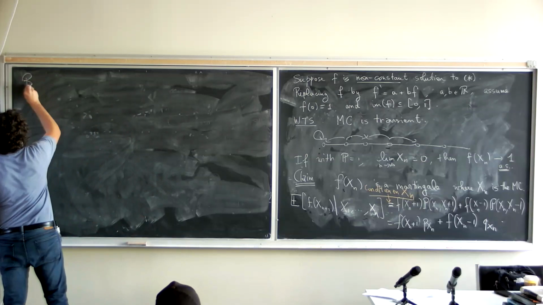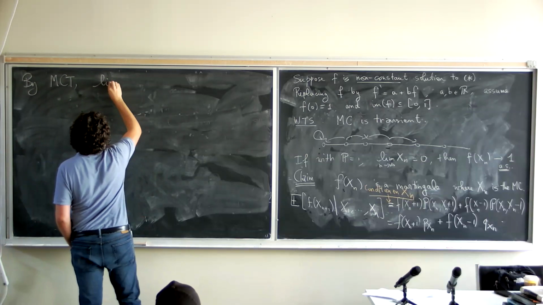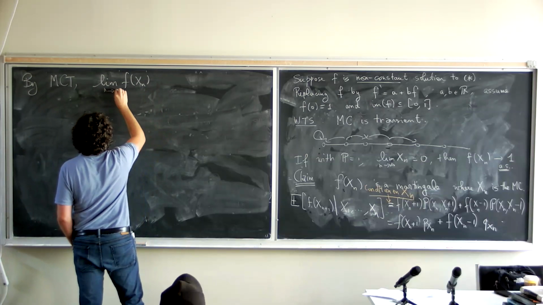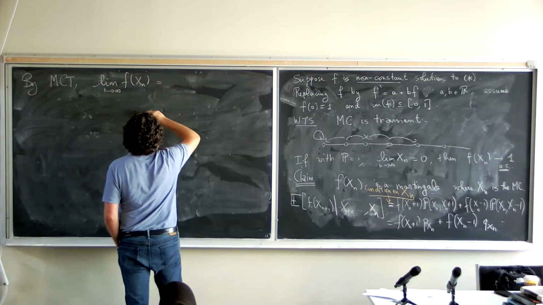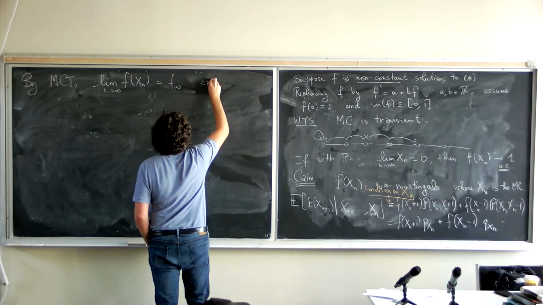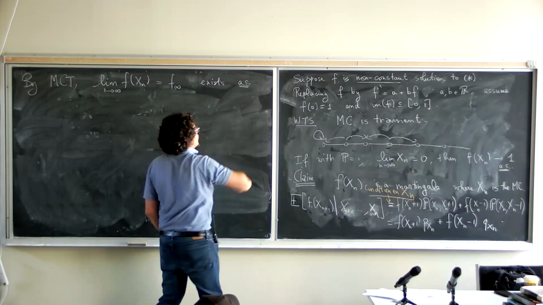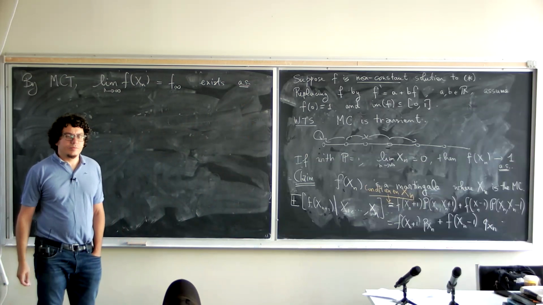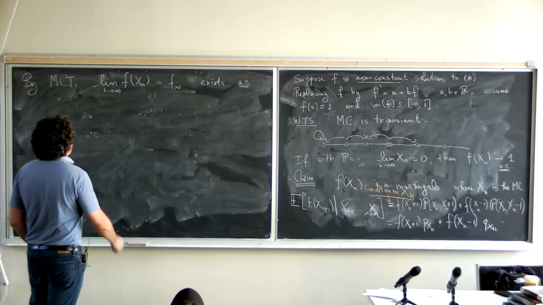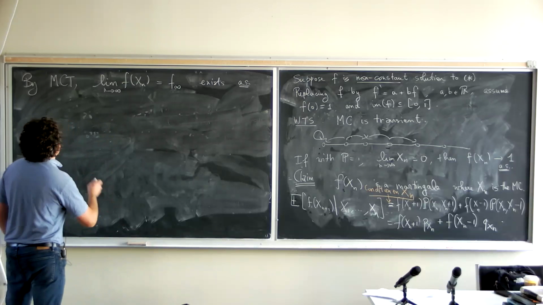So now by the martingale convergence theorem, the limit of f of xn equals f infinity exists almost surely, for almost every path. So now f infinity is another function.